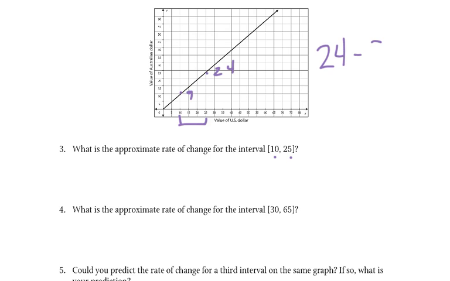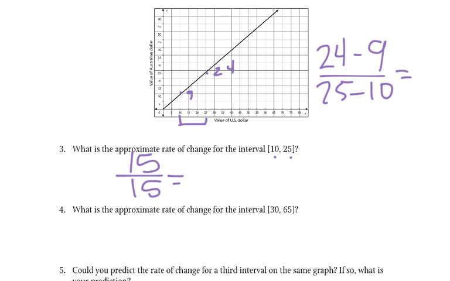So the change in y is 24 minus 9 over the change in x, 25 minus 10. 24 minus 9 is 15, over 25 minus 10, which is 15. So it's roughly 1. 1 US dollar would be worth 1 Australian dollar.